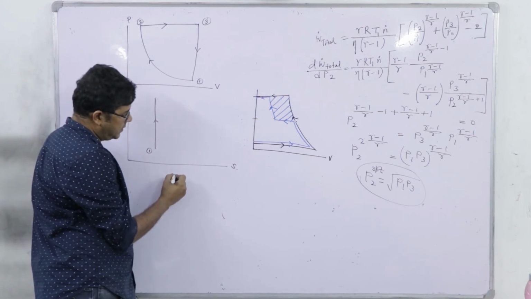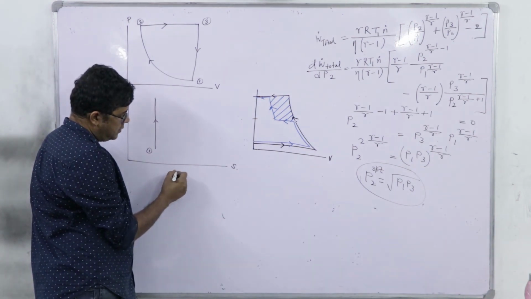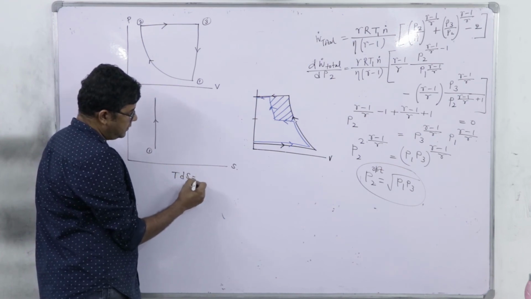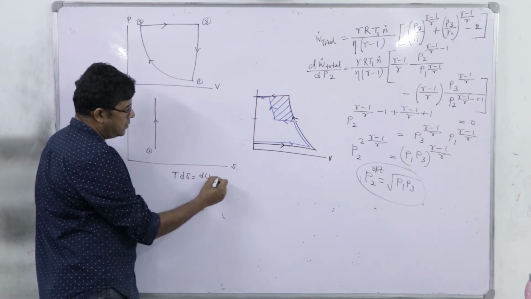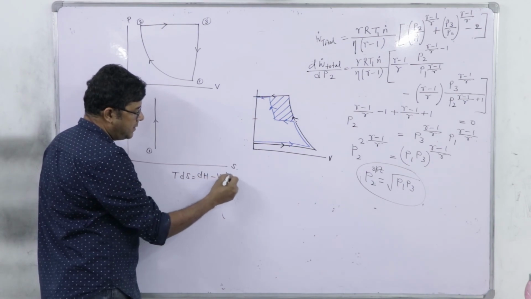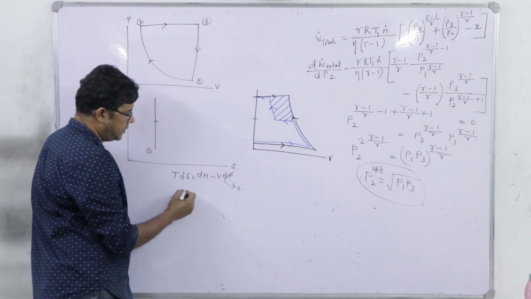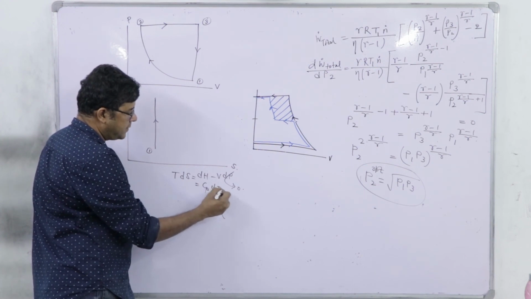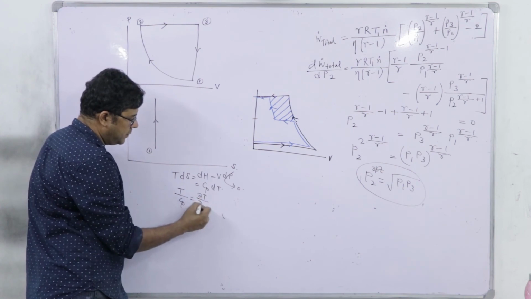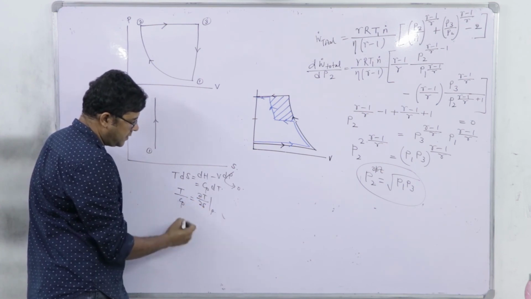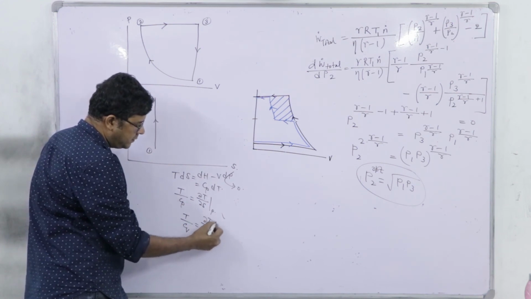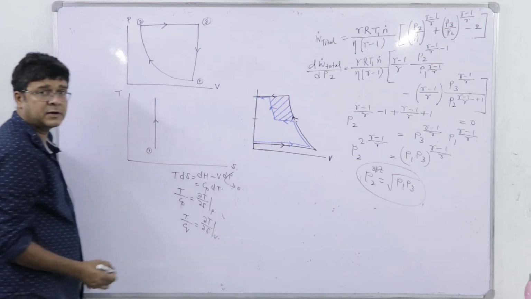So, for isobaric, we know this TdS equal to dH minus VdP. So, this is 0 for isobaric and that is Cp dT. So, T divided by Cp will be the slope of the isobaric TS plot, whereas simply T divided by Cv will be the slope of the isochoric TS plot.